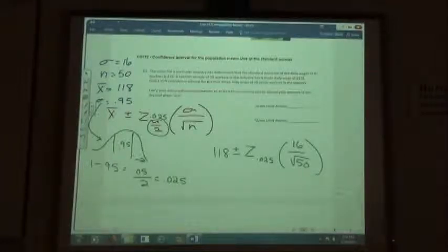Nope, it's not going up. Why is that not going up? See if you can click. There we go. Then we're going to put our parentheses. In our parentheses, we're going to have 16 divided by the square root of 50.